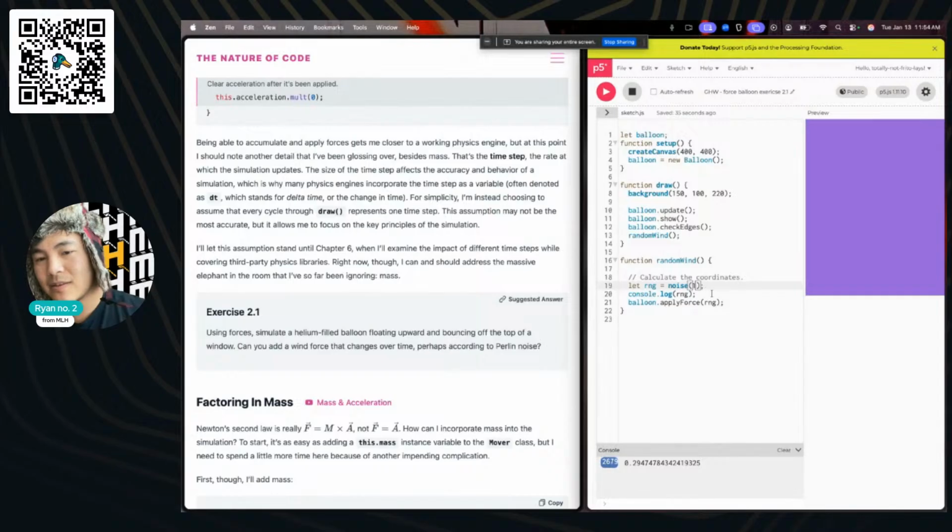Because of that, if we only give it a single value, that's like asking us to plot a single given point in time where this thing is in the whole randomness map. And so we need some sort of variable that is constantly changing in order for us to actually move along that randomness map.